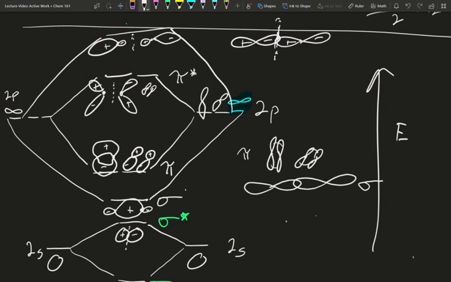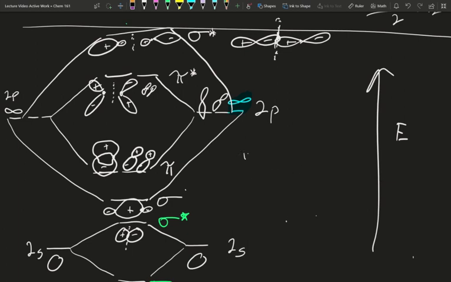Most of that density is on the far outside edge, and so it is pulling them apart a lot. This is a sigma star, sigma antibonding. When p orbitals interact to form molecular orbitals, this is the forms that they create.